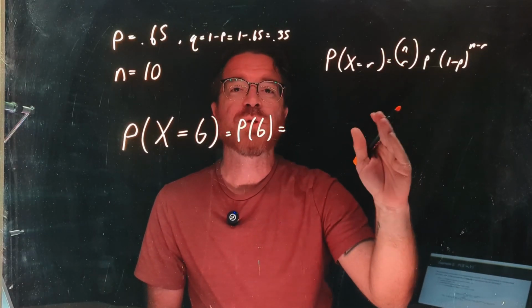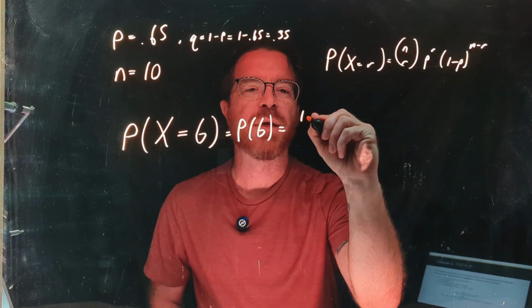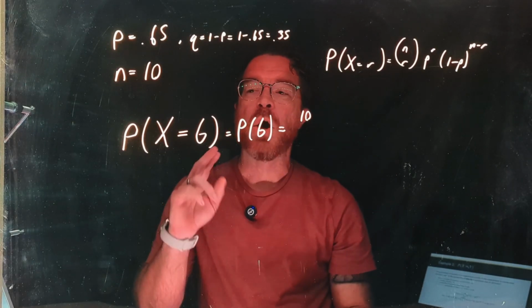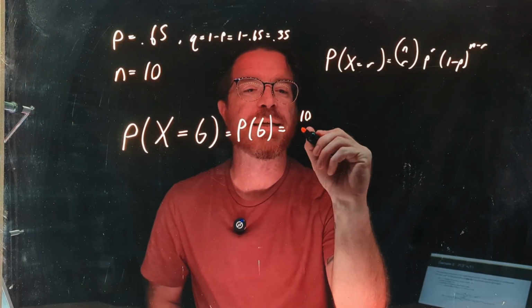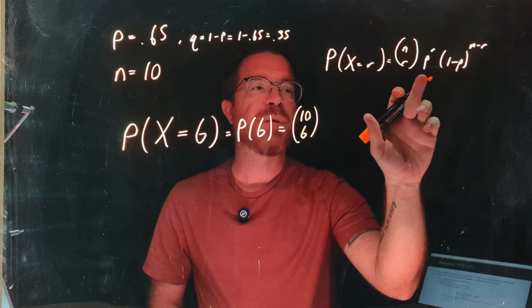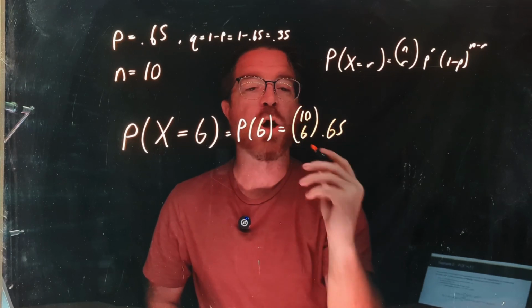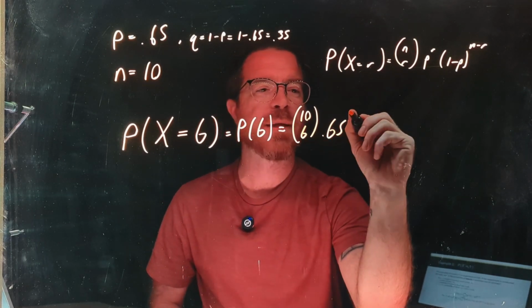So we have n choose r. Well, in this case, n is 10. It's the number of trials that we're doing, right? It's like we're flipping 10 coins. r is our number of successes, 6. So we're going to do 10 choose 6. Now we have p, which is 0.65, to the r power. r is 6.